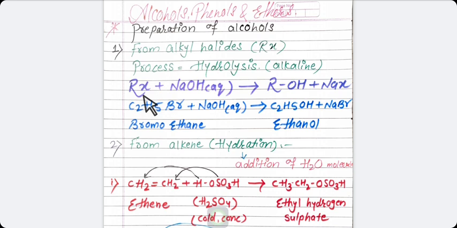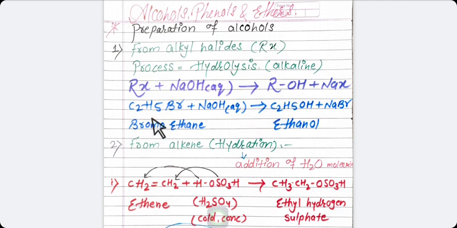In alkaline hydrolysis, alkyl halide is heated with dilute aqueous alkali. We are using here aqueous NaOH, dilute aqueous alkali, so it gives its corresponding alcohol. All of you understand this?